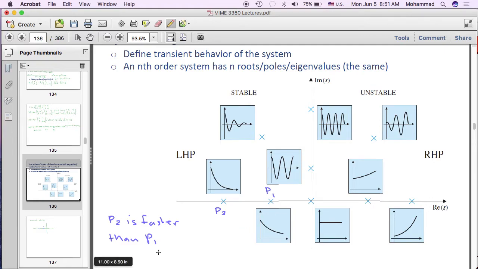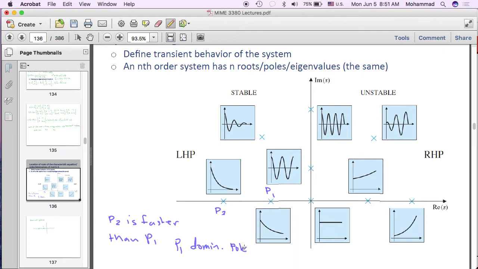Therefore, P1 is called the dominant pole, because its speed is slower. It doesn't go to zero as fast as the other pole.